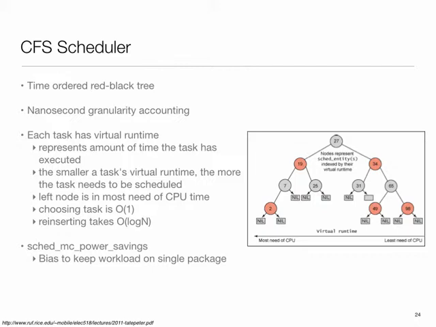So choosing a task is order one. You can pick it up. Reinserting a task: after you selected a task and ran it for some time, its virtual execution time went up. You are now going to reinsert it back at the right place, and that takes order log n. You need both of these things to be efficient, and this particular data structure does that.